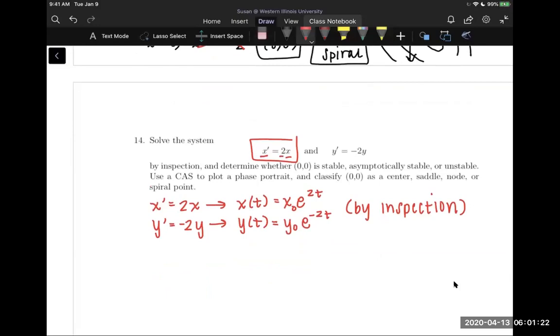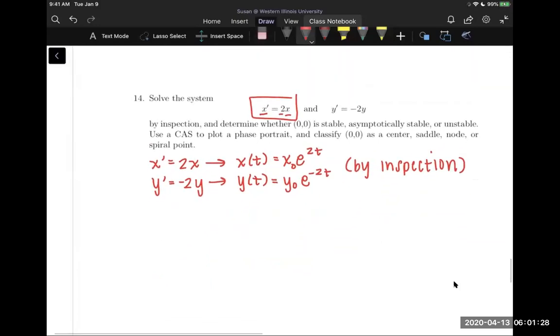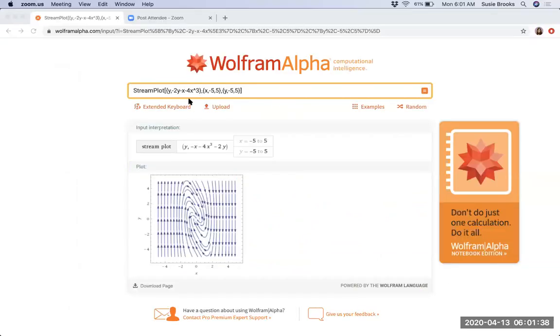So now that we have our solutions, we would like to plot this using a computer algebra system. And so let's switch back here. Since I can't do it with a general constant in front, I'm just going to choose that constant to be 1, and it'll give us an idea of what's happening.